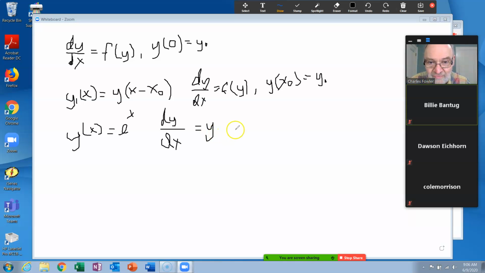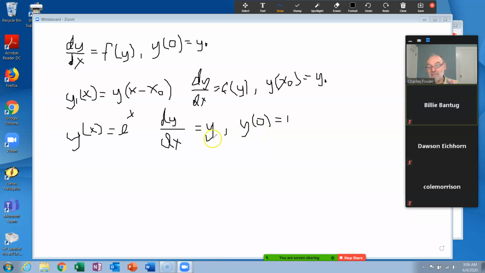With the initial condition y of 0 equal to 1. Okay, easy to verify, right? If y is e to the x, take the derivative of y, e to the x. Those two are equal, and especially they're equal when y of 0 is equal to 1.